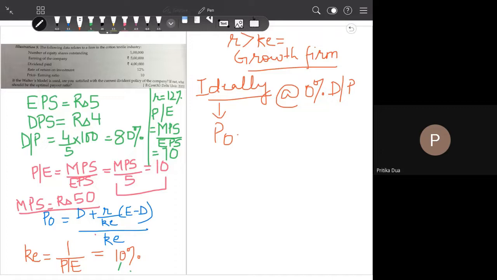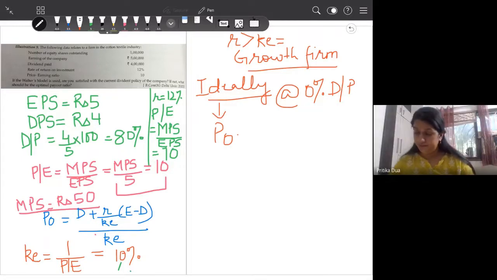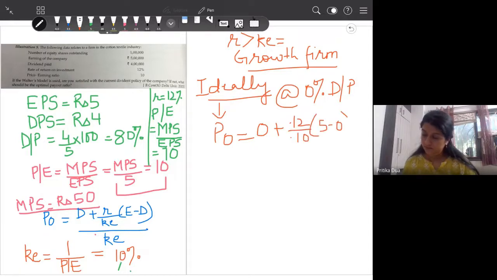At 0% dividend payout ratio, the price of the share comes to rupees 60 per share.